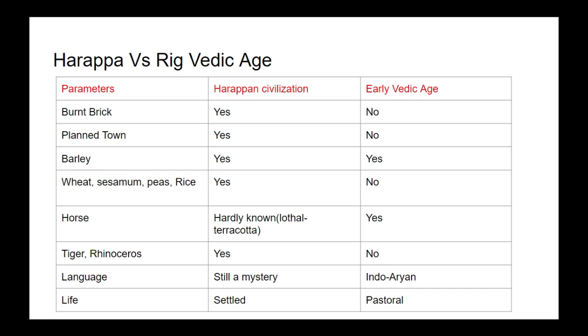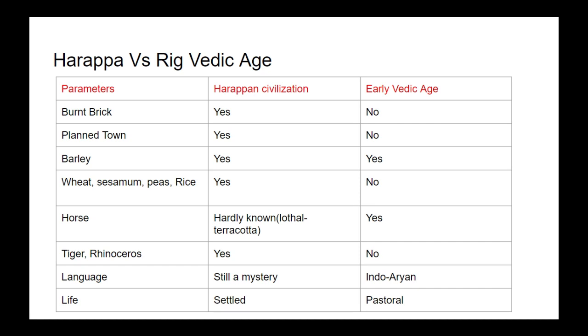Horses were hardly known to Harappan people. We only get a terracotta figure at Lothal and possibly some remains from Surkotada. But Vedic people were aware of horses.